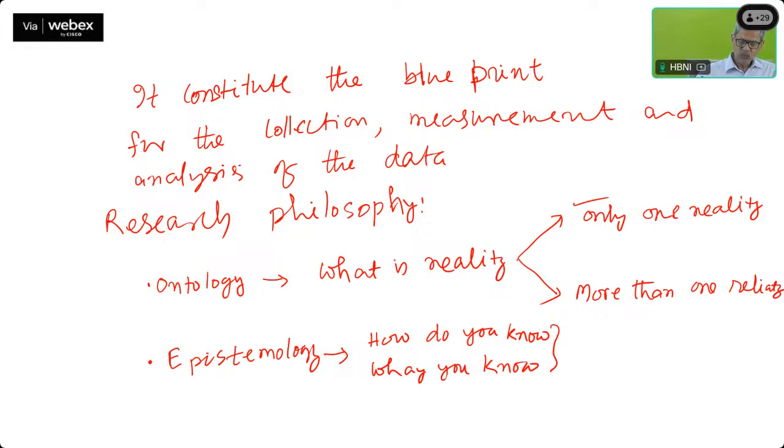And similarly, how do you know what you know? Here also you have two approaches: quantitative and qualitative. Quantitative means knowledge can be measured.